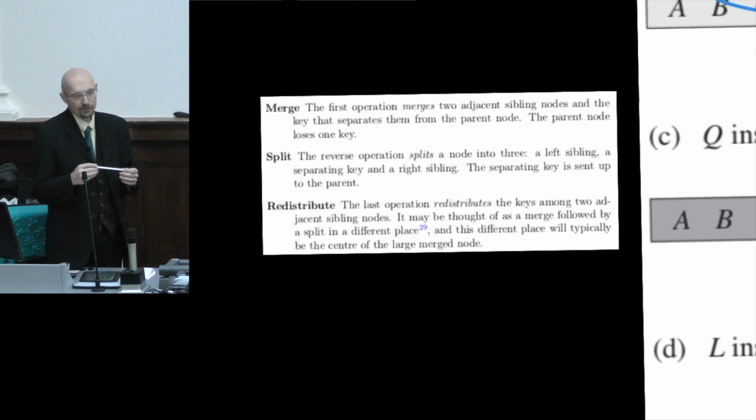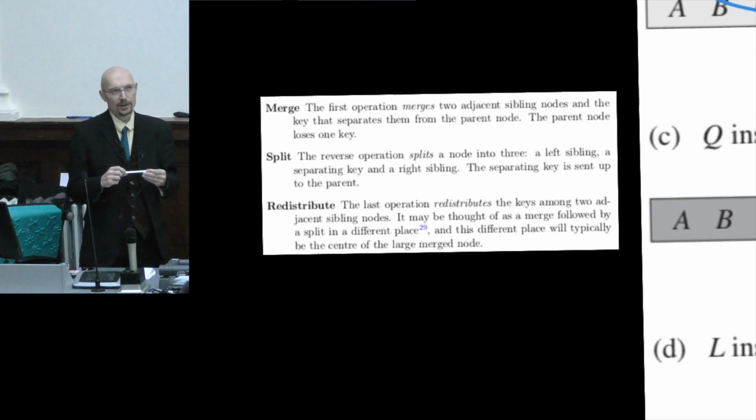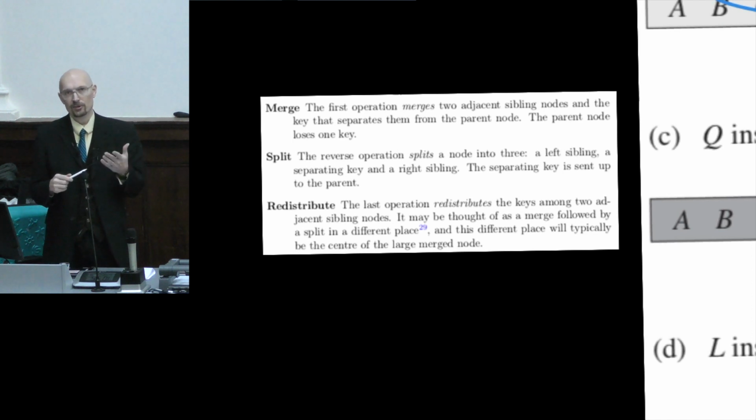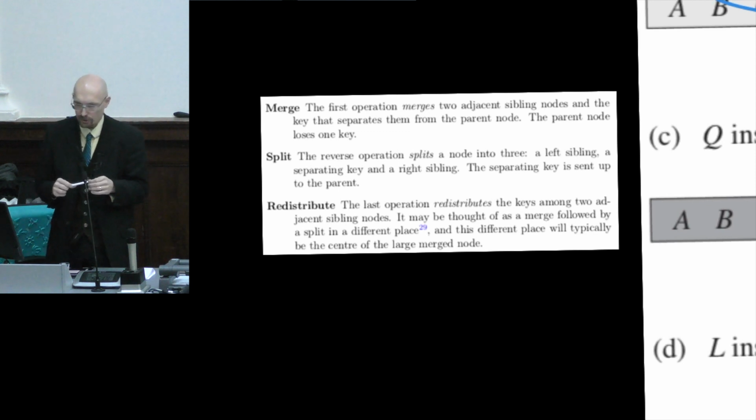Okay, so these are manipulations of the B tree in the same spirit of the rotation. I do changes that are local and that do not violate the search tree properties, either for the things I'm touching or a fortiori for the rest of the tree.